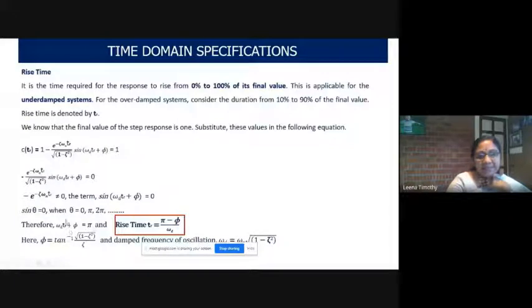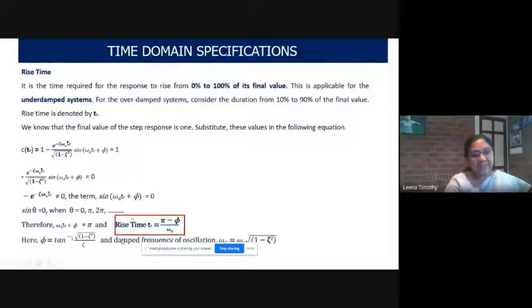Then only we will get an expression. If it is equal to 0, no. So omega d tr plus phi is equal to pi, and therefore rise time tr is equal to pi minus phi by omega d.